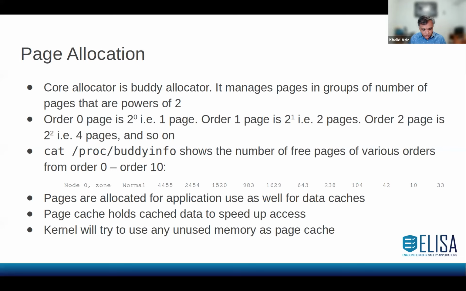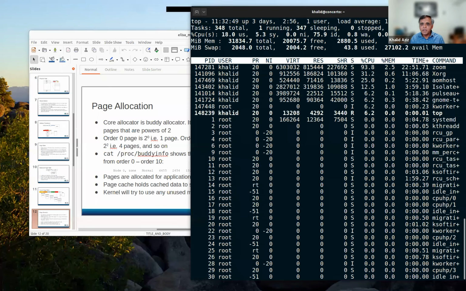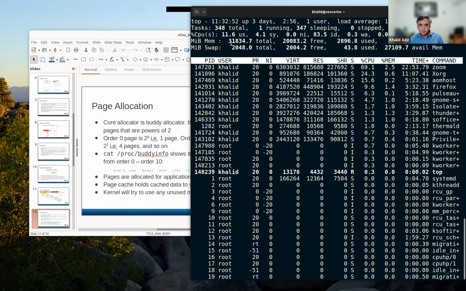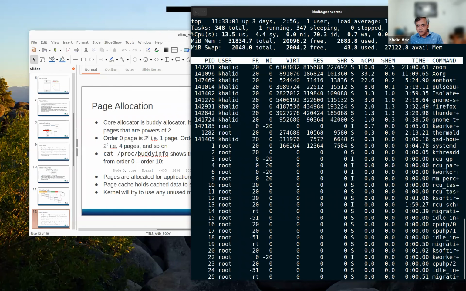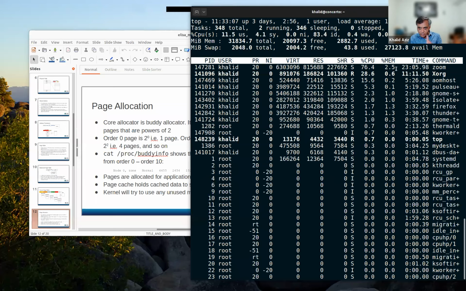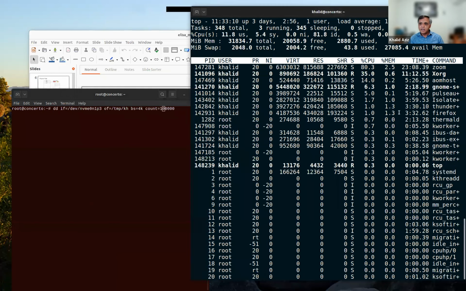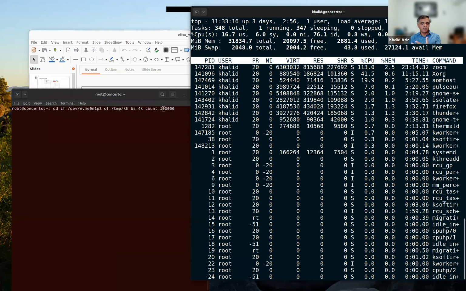So I can show the effect of this caching because it has implications. So here on my system, if I take a look at how my memory is being used, I've got about 32 gigabytes of memory. Of that, my applications are using only about 2.8 gig. And there's 20 gigabytes of memory free, because there is 8.8 gigabyte already in use in page cache. So let's do some IO and see how it affects the page cache.